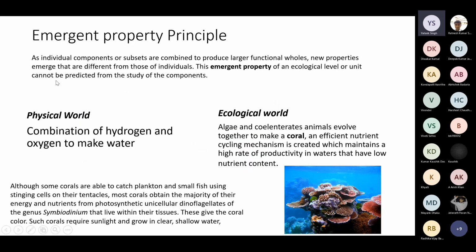Then the other point written here is what is called the emergent property. In an ecosystem, there are new kinds of properties which emerge, which are not a sum total of the individual organisms existing there. What do we mean by the emergent property principle of an ecosystem?